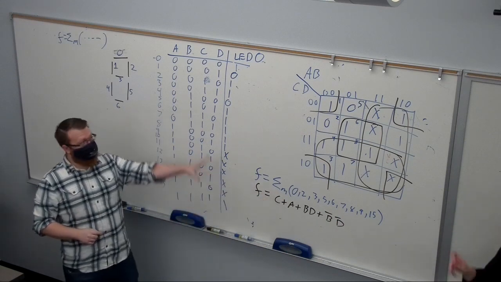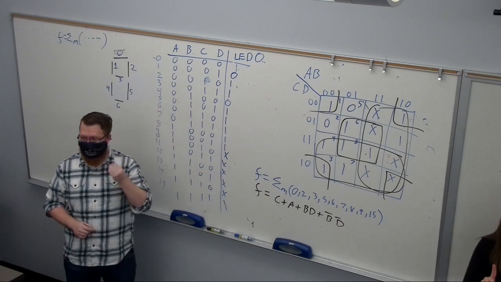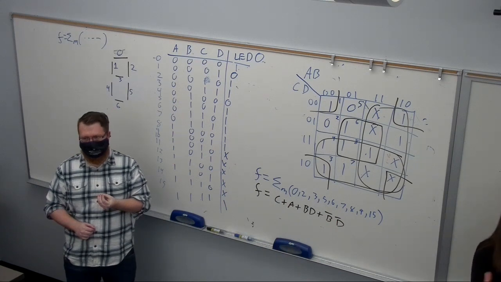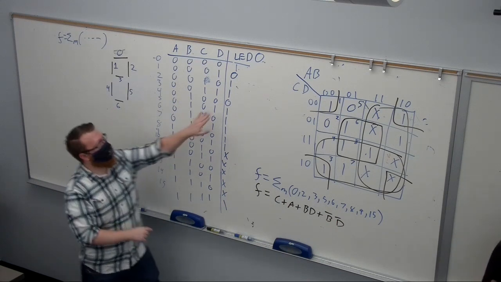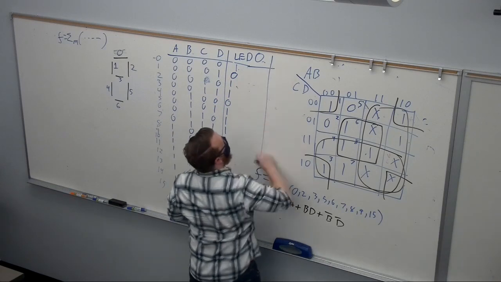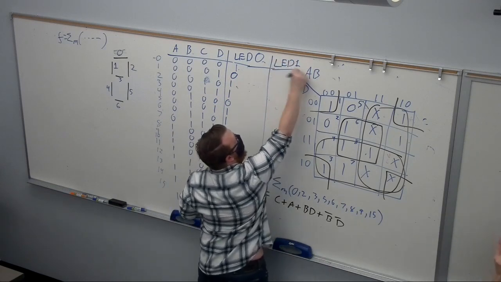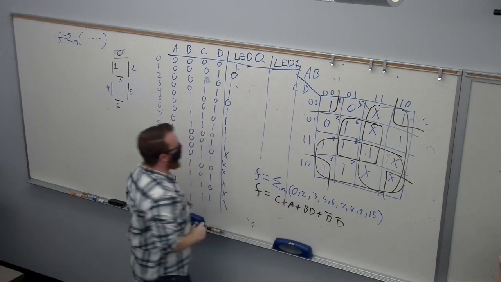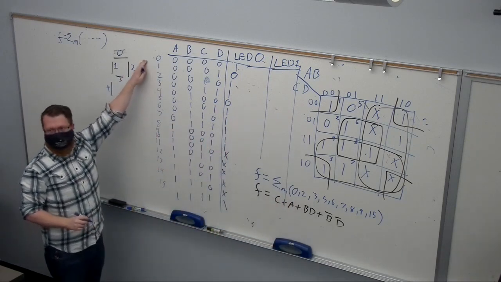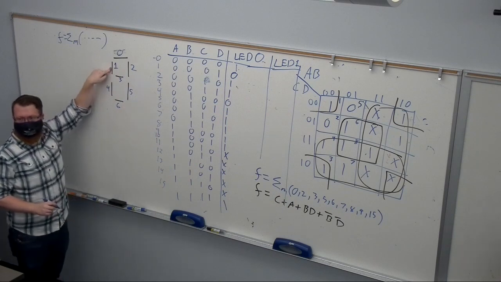Okay, so there's our function for one LED. What do we do if we want to make the next LED? The same thing, we just make a new column next to this guy. We would call it LED 1, and then we would set about filling in the truth table for it, right?